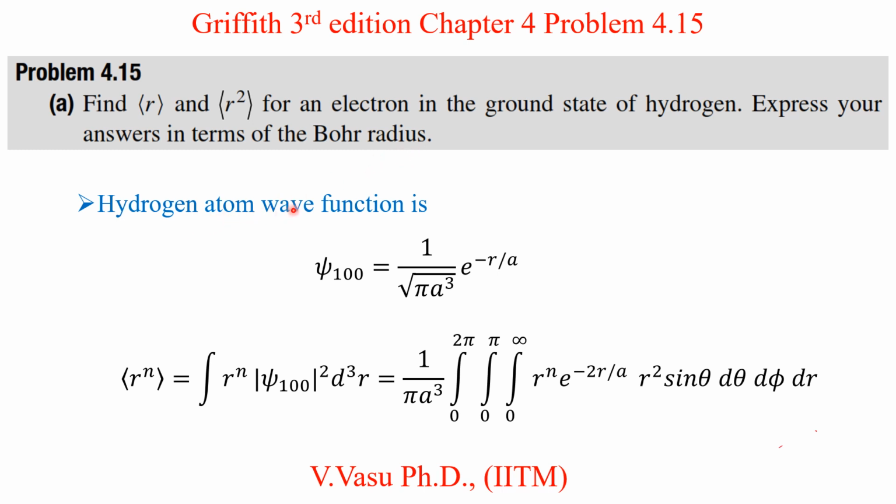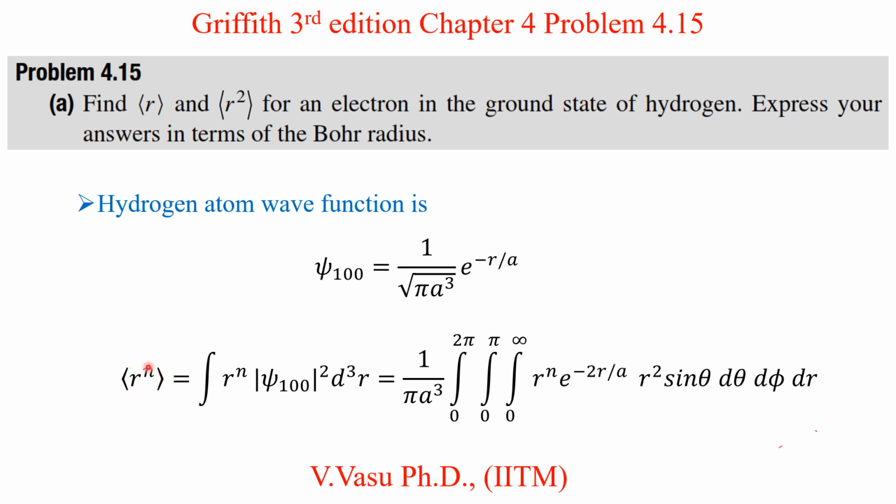The hydrogen atom wave function is psi n l m. Here n is 1, l is 0, m is 0, which is equal to 1 over square root of pi a cubed, e power minus r over a. Now we will find the expectation value of r power n.